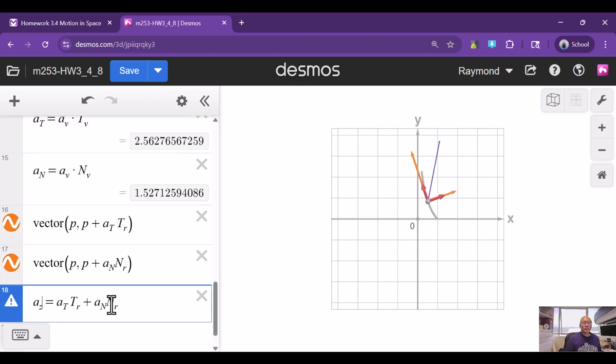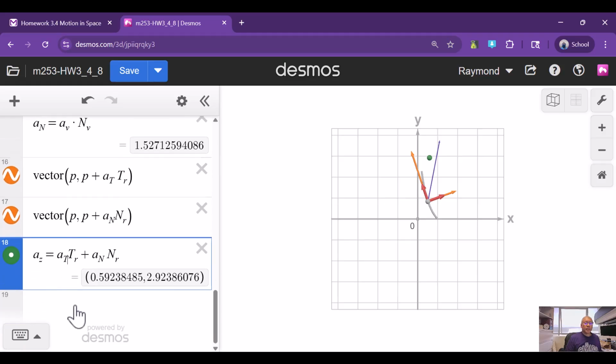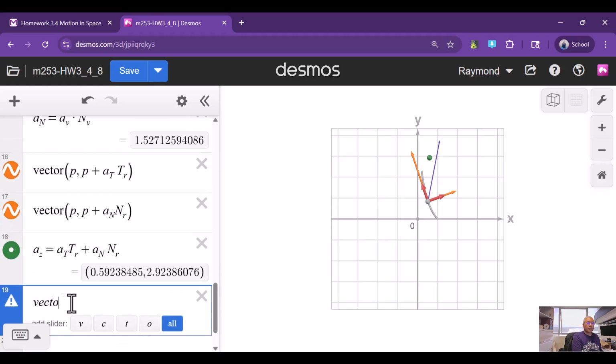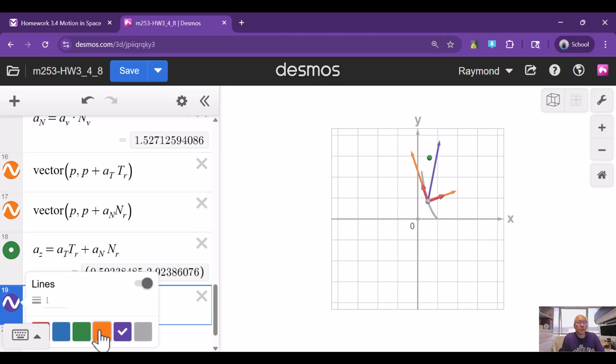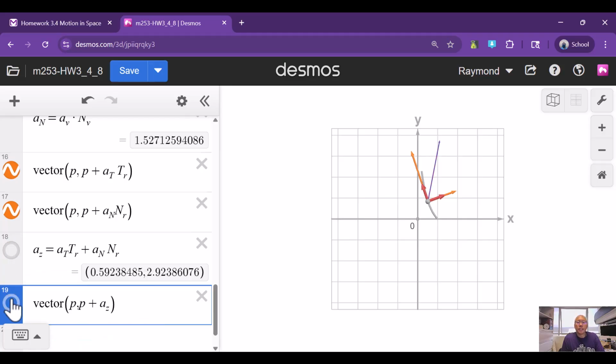What's going on? I put a little space here in the t. I don't know if that's going to make a difference. There it goes. And if I make a vector here from P to P plus a sub z, and change this color to orange again, I can see that that is exactly the acceleration vector.